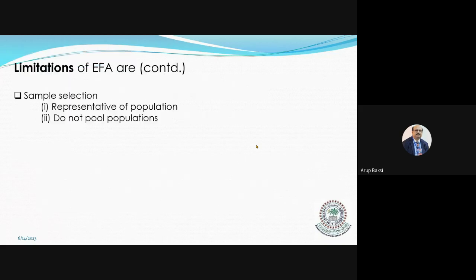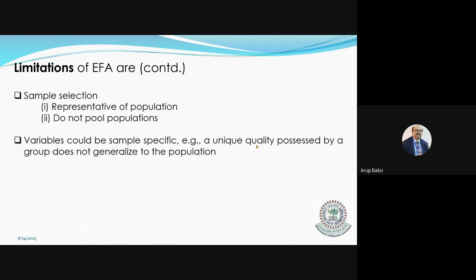Anyway, sample selection again is one of the limitations because it is only representative of a population, and most importantly, it does not pool the population. Variables could be very sample specific, namely a unique quality possessed by a group does not generalize to the entire population, particularly for researchers from the domain of social science who are working on a specific ethnic community or a group of individuals where the items or the variables are very specific to that particular group or community.